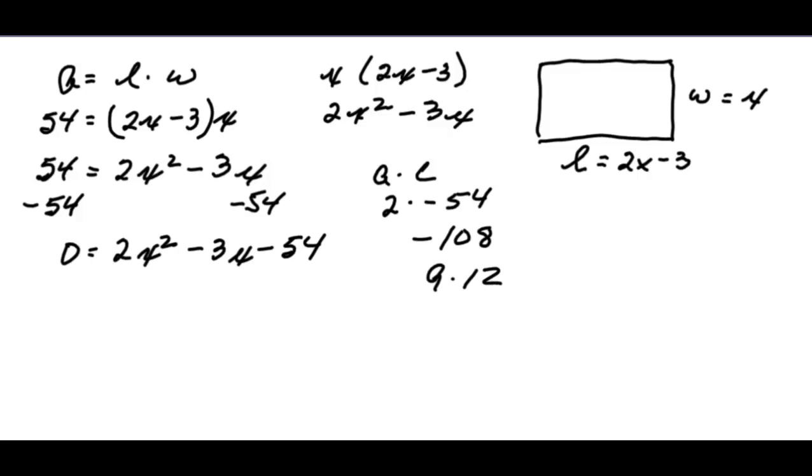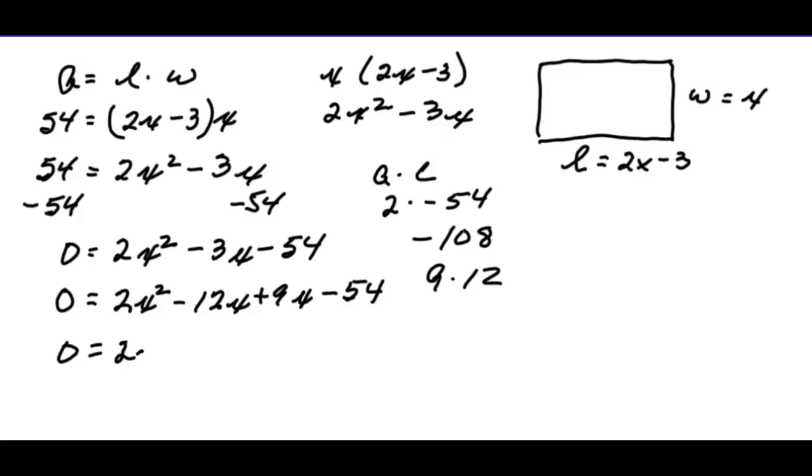And so what we're going to do is set this up as 0 equals 2x squared minus 12x plus 9x minus 54. Now we're factoring by grouping. In that first set, we have 0 equals 2x times x minus 6.